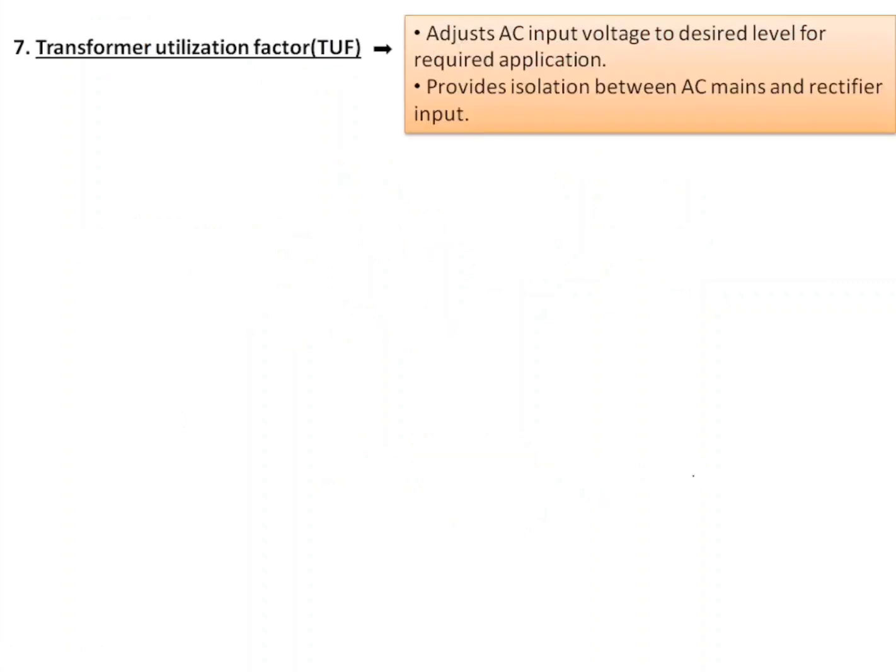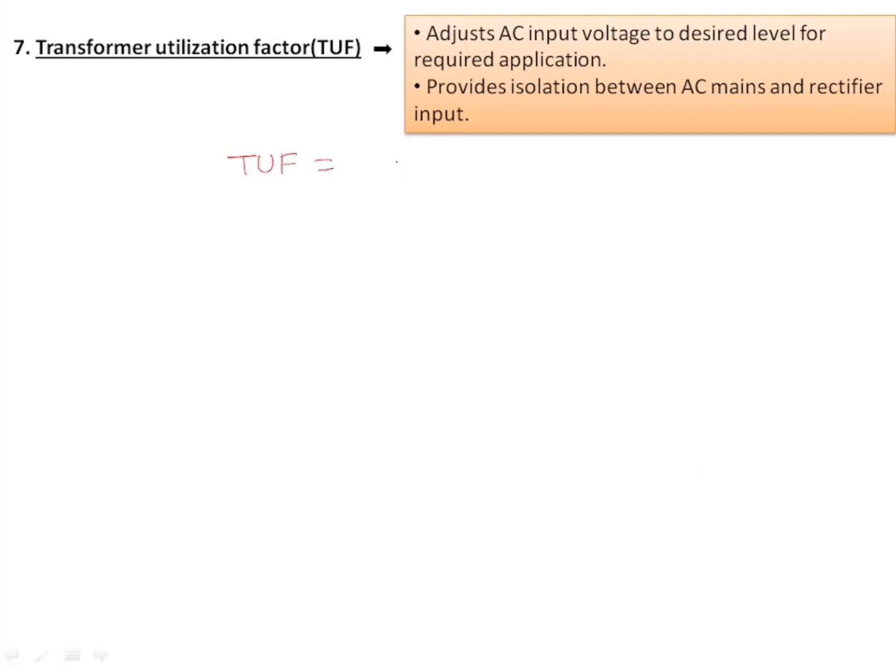Transformer utilization factor, TUF, tells about the characteristic of the transformer which we are using in the rectifier circuit. Before talking about TUF, what is the function of the transformer? It steps down the voltage, that is, it converts the AC input voltage to the desired level as per the required application. Also, it provides isolation between the AC mains and the rectifier input. We can see that the rectifier input is not directly connected to the AC mains, so it is also providing isolation.